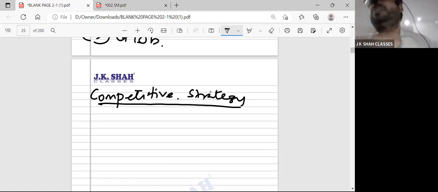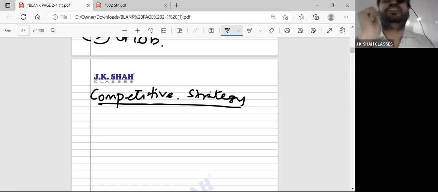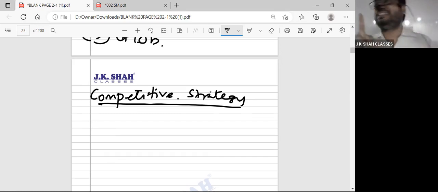Why do we come up with strategies? Because we want to achieve organizational objective. That is why I like the second definition, William F. Gluck. William F. Gluck said that strategy is a unified, comprehensive, integrated plan designed to assure that the basic objective of the organization is achieved.